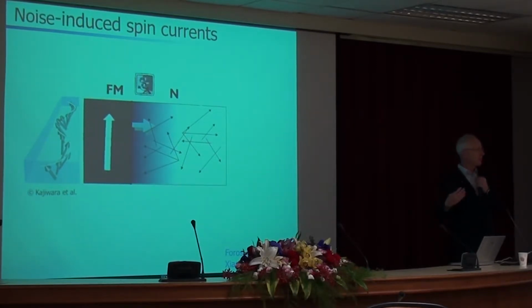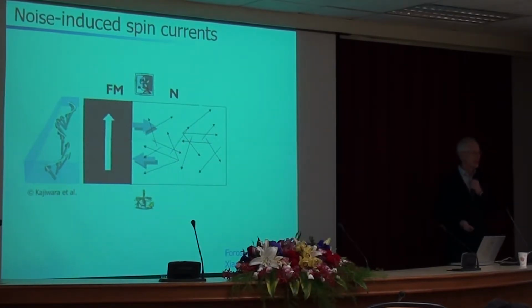The spin polarized contributions will hit the interface, get absorbed, and generate a random spin transfer torque on the ferromagnet. This corresponds to a net spin current, which, if you calculate things properly, is exactly equal to the spin pumping current. So there is no spin accumulation at thermal equilibrium, and there shouldn't be.